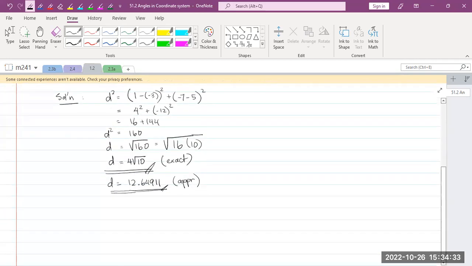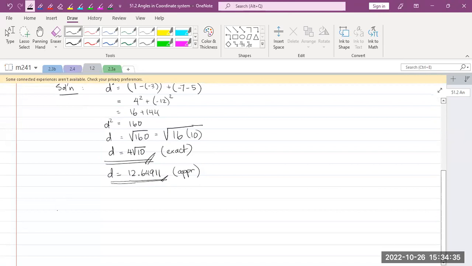From the distance formula, we come up with the equation of a circle. A circle is a collection of points with equal distance from a fixed point.